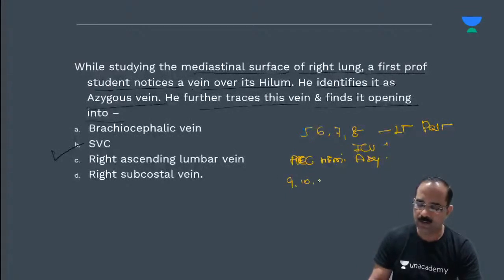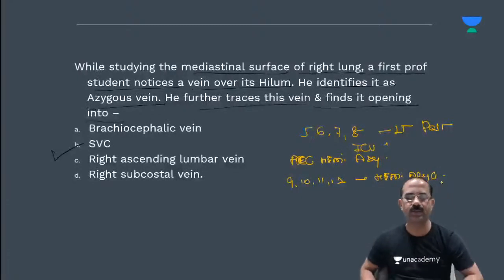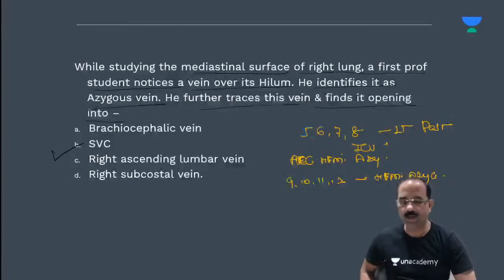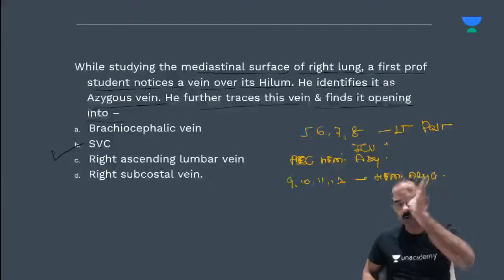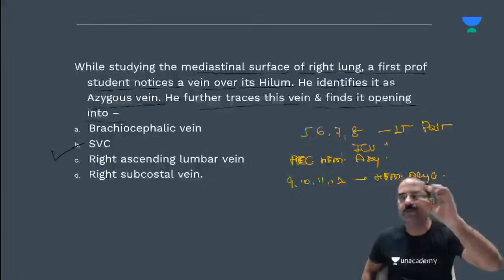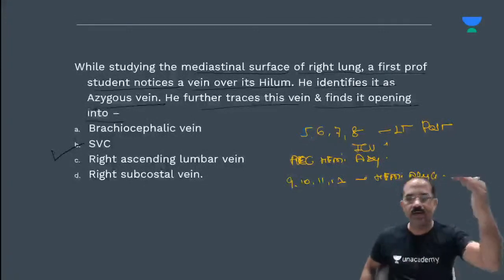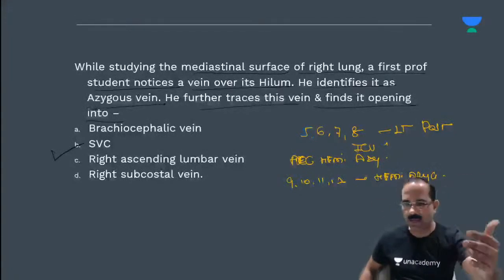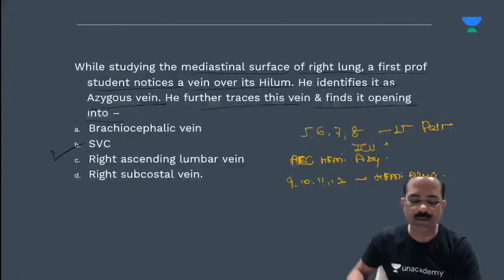And 9, 10, 11 and 12 join to form the hemiazygous vein. Clear, students? So 5, 6, 7, 8 on the left side form the accessory hemiazygous, and 9, 10, 11, 12 join to form the hemiazygous vein. Okay, perfect.